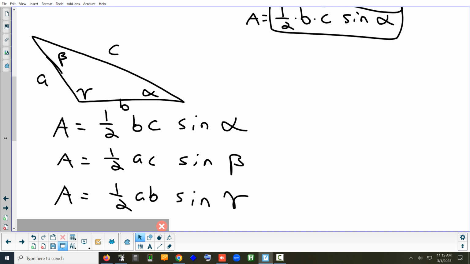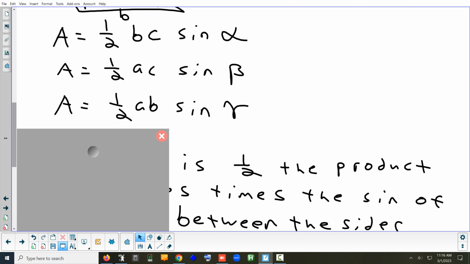So again, the point here, kind of like the law of cosines, is not to memorize every single possible way you can write it, because then we could do x's and y's and z's and have even more versions. It's the pattern.